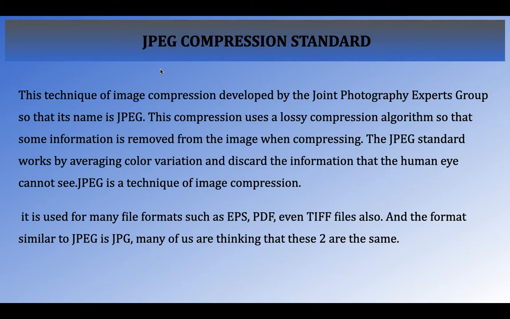So, coming to the JPEG compression. JPEG uses a lossy form of compression based on the discrete cosine transform, known as DCT. This mathematical operation converts each frame or field of the video source from the spatial 2D domain into the frequency domain, aka the transform domain.